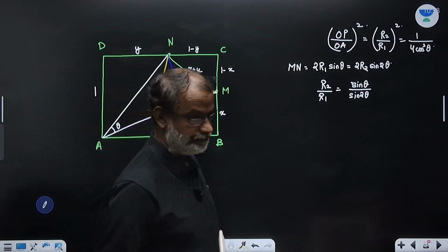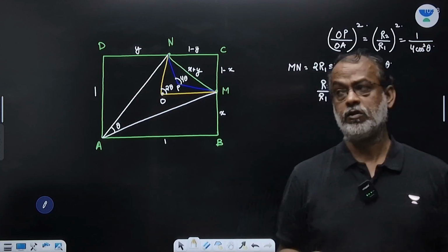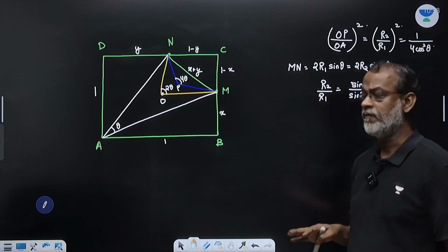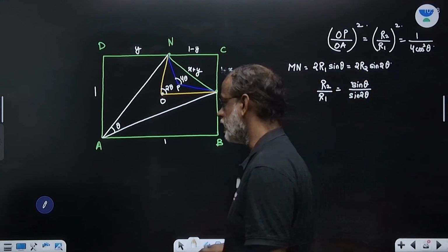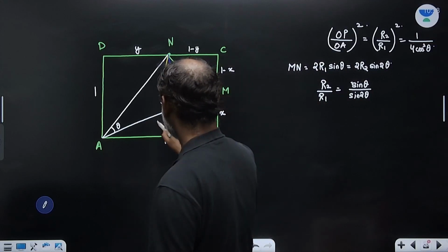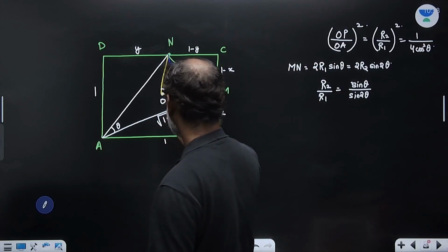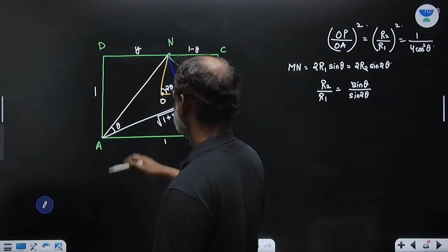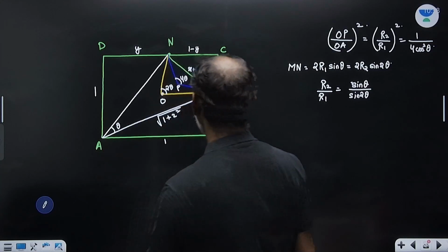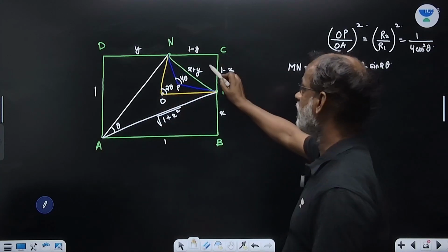Now, we can also have a geometrical thought on this. Otherwise, we can go by brute force. This is root 1 plus x square. This is root 1 plus y square. Y and x are related by, see, this is a right angle triangle.